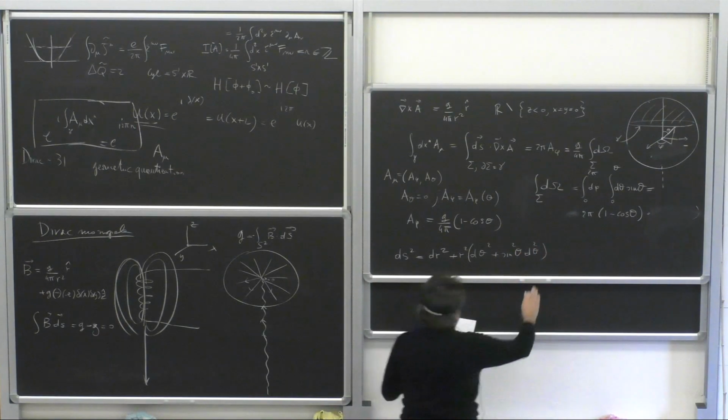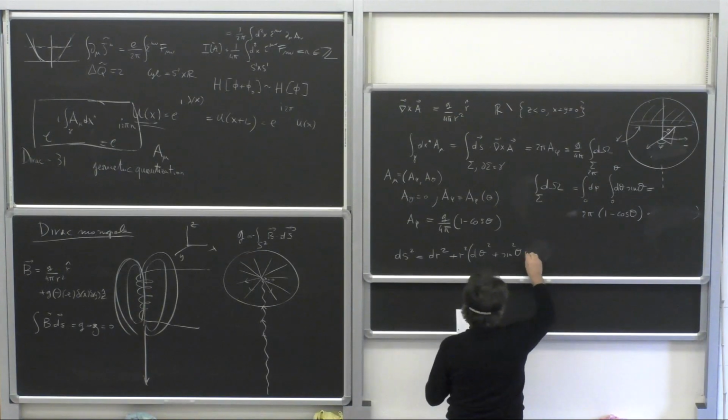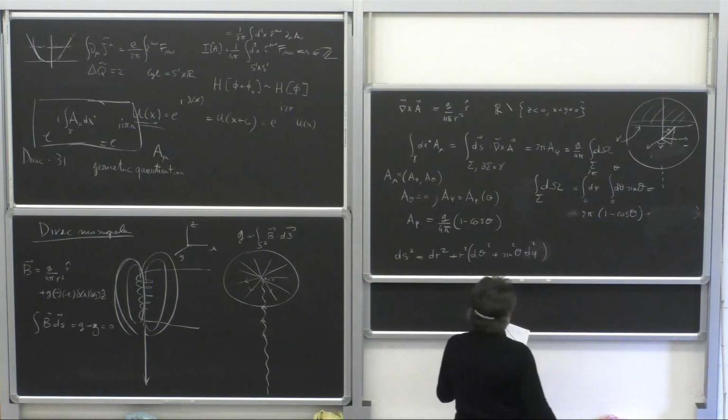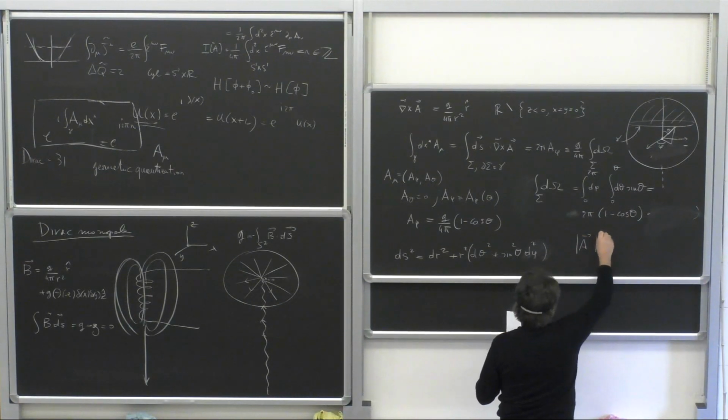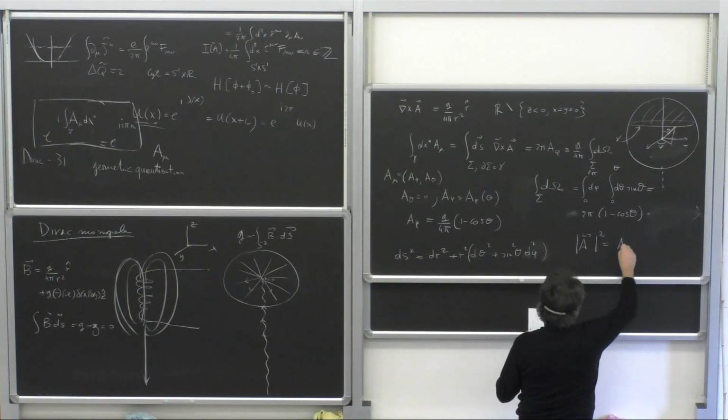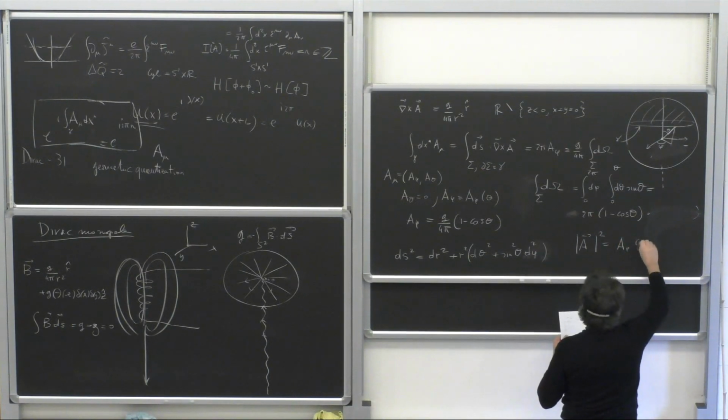If I want to make the modulus squared of a vector, this is going to be A phi g phi phi A phi.